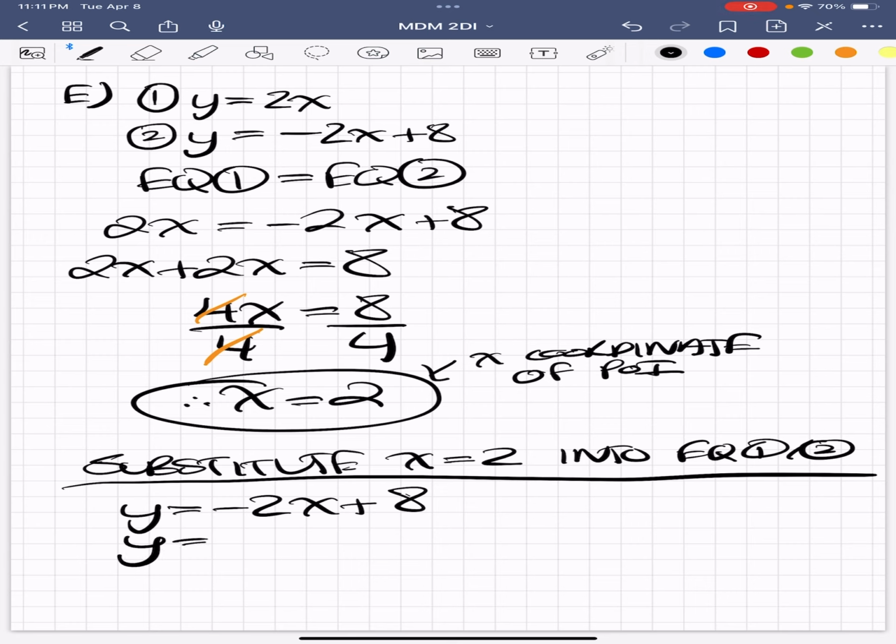Y equals, then we substitute the 2 into the x.